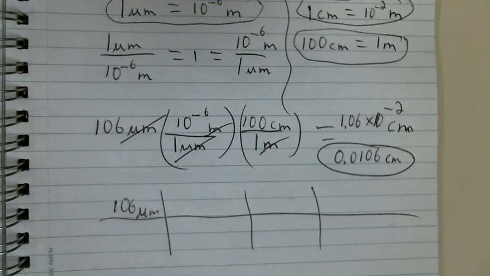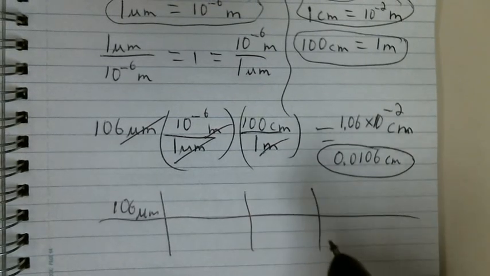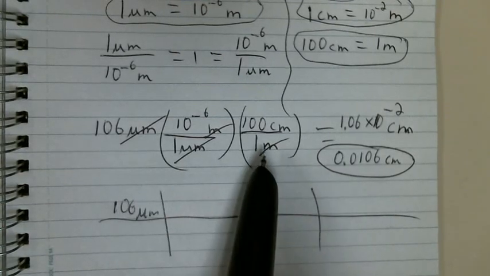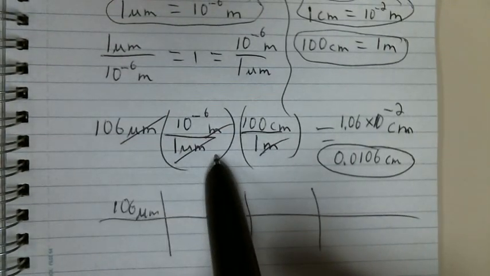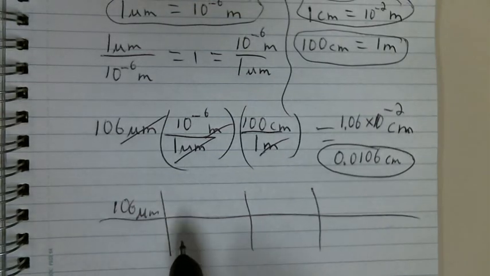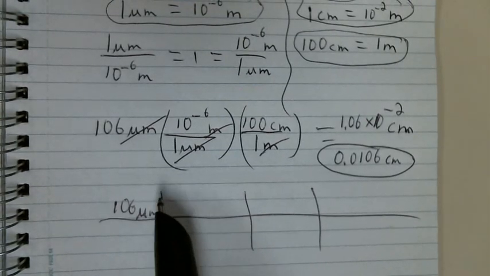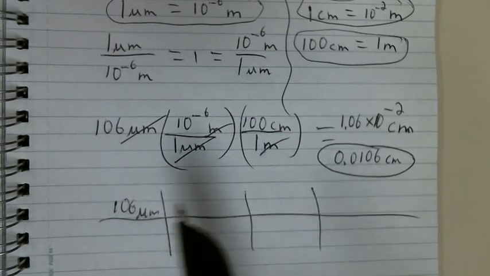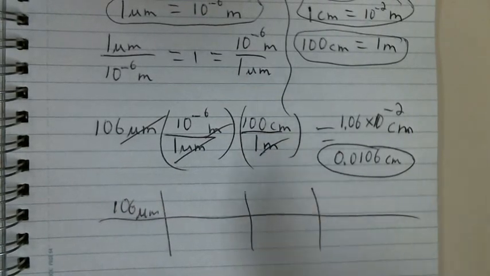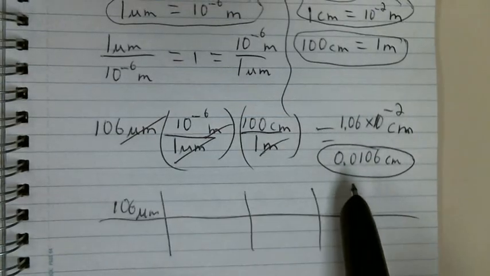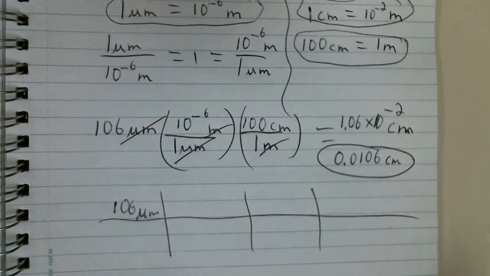You want to work on being able to do this kind of conversion using the factor label method, because if we did the ratio method, we'd have to stop here, solve for the problem, rewrite it down here, and it just gets a little cumbersome when we're doing stoichiometry, when you might have 3, 4, 5 conversion steps between different chemicals, between different moles and grams and so on. So I would suggest using that. You get the units right, you're in good shape.